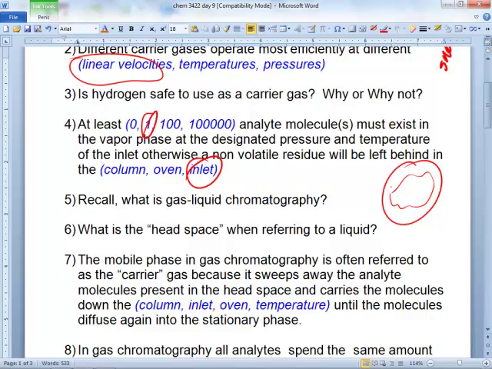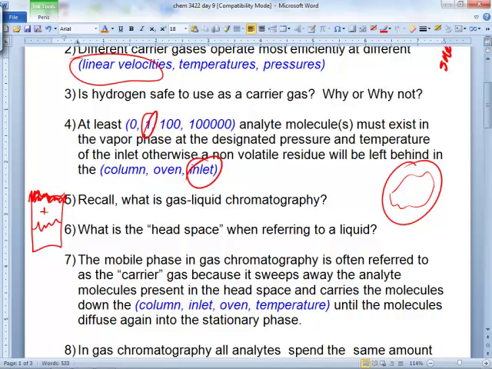What is headspace when referring to a liquid? Anybody know what that's referring to? Headspace. It's a spot where you can sample stuff. I make this nice and tight sealed container here. Here's my liquid.